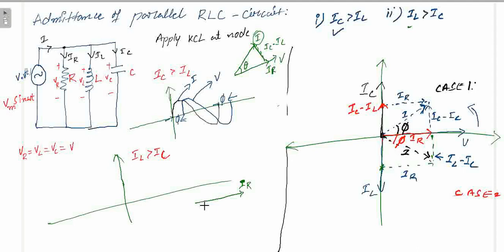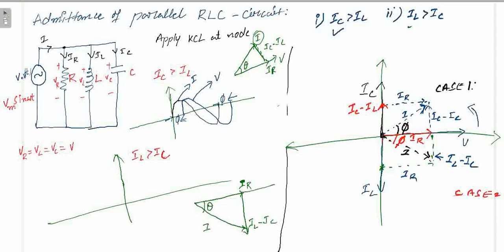Here you have IL minus IC. This is your resultant triangle, that is your I, which makes an angle of theta.